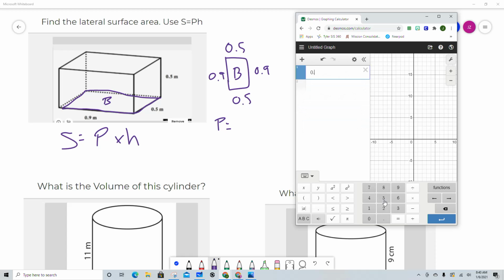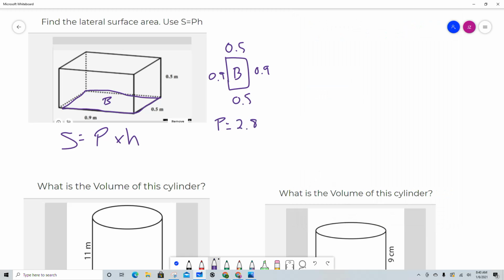So 0.5 plus 0.5 plus 0.9 plus 0.9. Okay, so here we have our four sides. My perimeter is 2.8 meters. So we're going to put that right here, 2.8 meters.